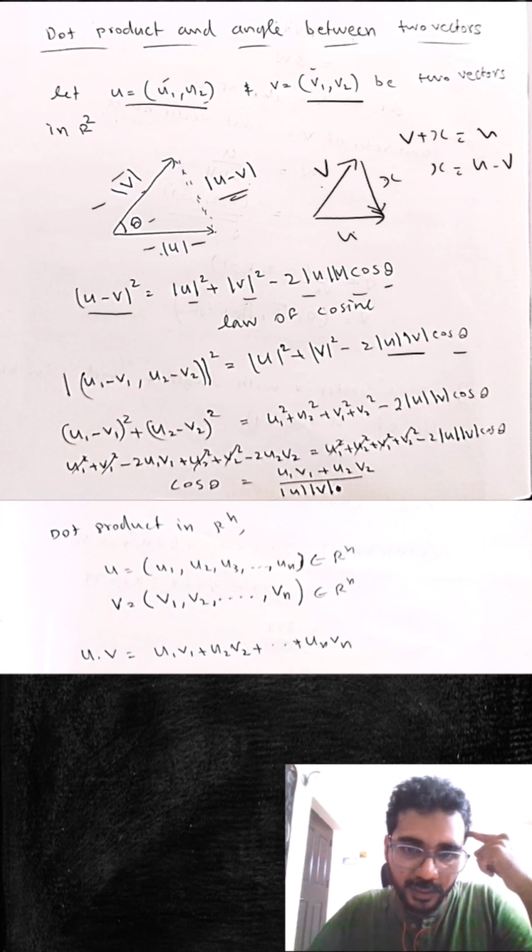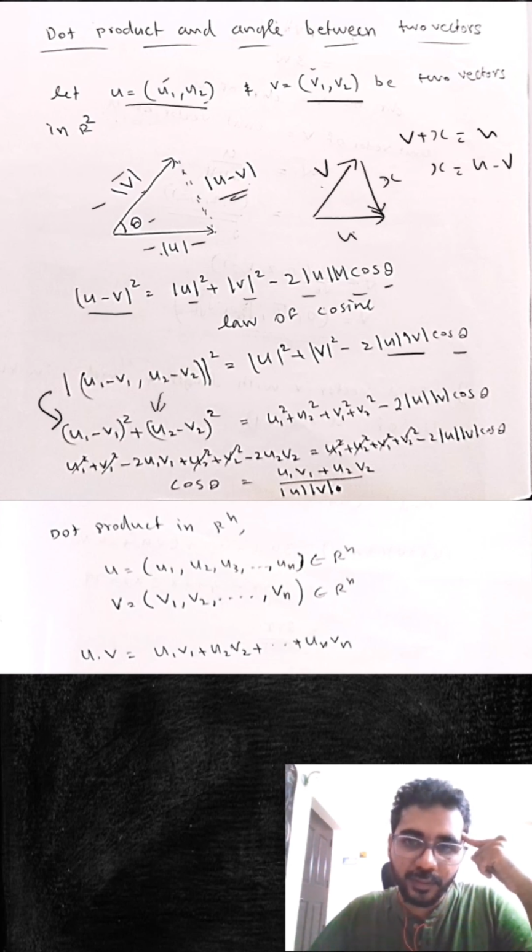Now what's the value of length of u1 minus v1, u2 minus v2? So this can be written as u1 minus v1 square plus u2 minus v2 square. How do we get this?